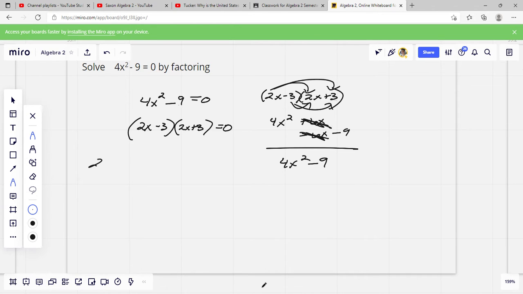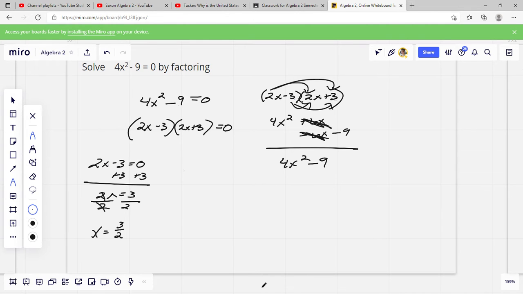So I can say 2x minus 3 equals 0. Then I would do plus 3, and I get 2x equals 3, divide by 2, and I get x equals 3 over 2. You can probably guess what the other one's going to be.